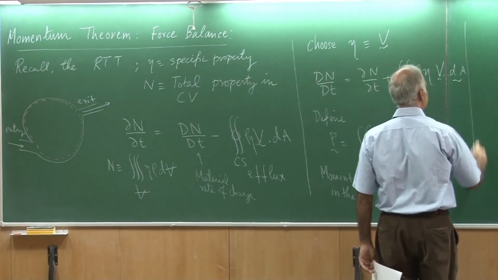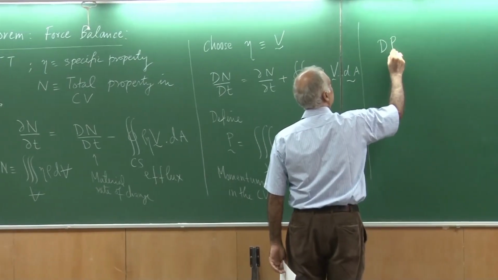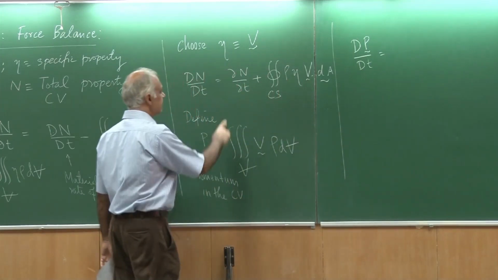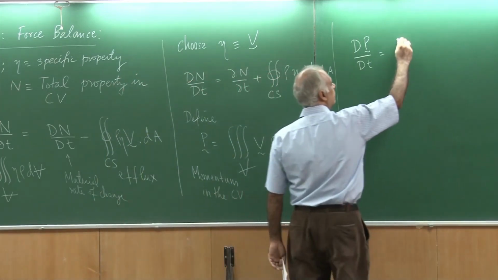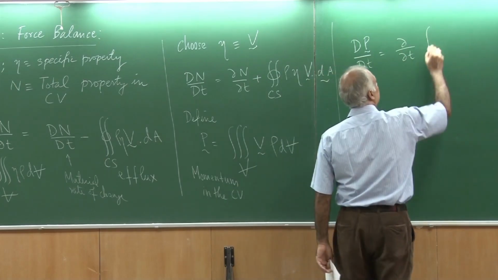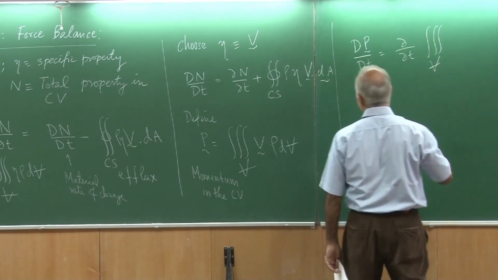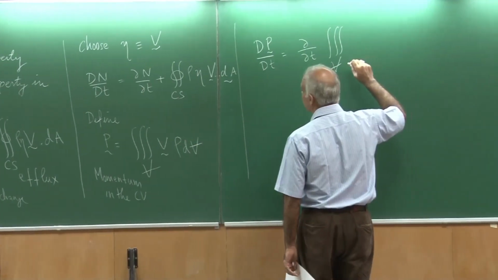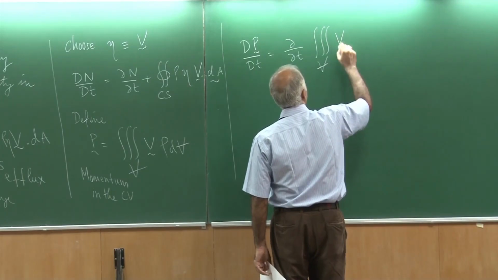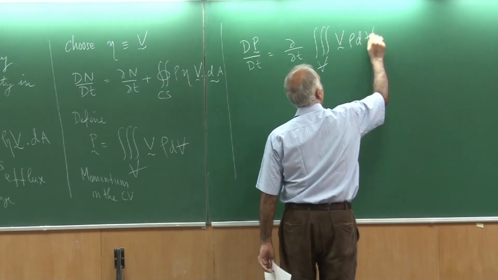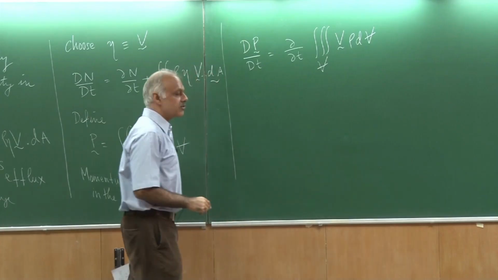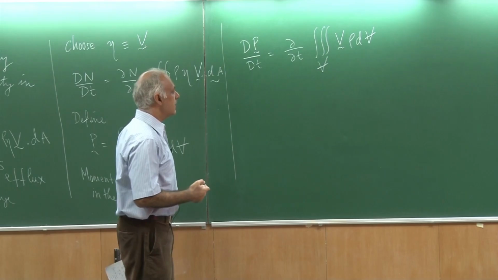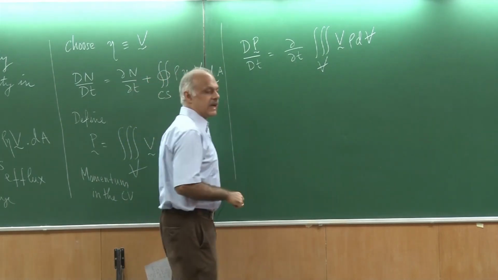So I am now going to write this as dP by dt. This, and then I would put in the term for the unsteady term, and for N I would replace it with this quantity over here, which is essentially V rho dV. So this is the rate of change of momentum inside the control volume, but this is a local time derivative. Okay.